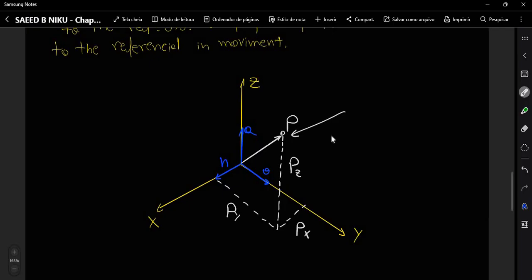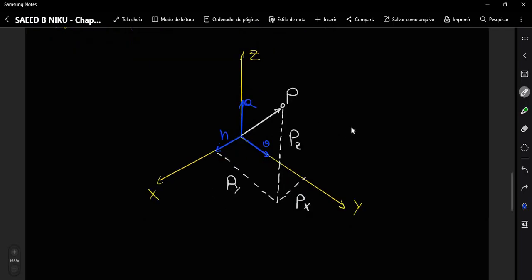So now I will draw the position of the point after the rotation movement.